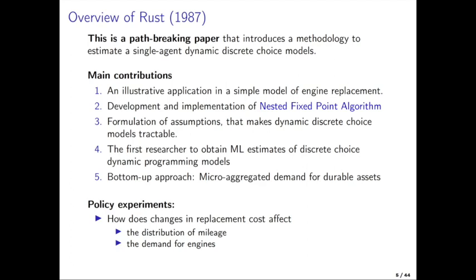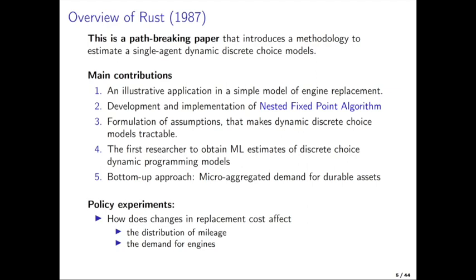As long as there's some sample criterion based estimation that includes some fixed point that needs to be solved, we can call it the nested fixed point algorithm, because there's a nested fixed point embedded inside an algorithm that searches for parameters in order to fit the model to the data. Okay, and that's the idea.